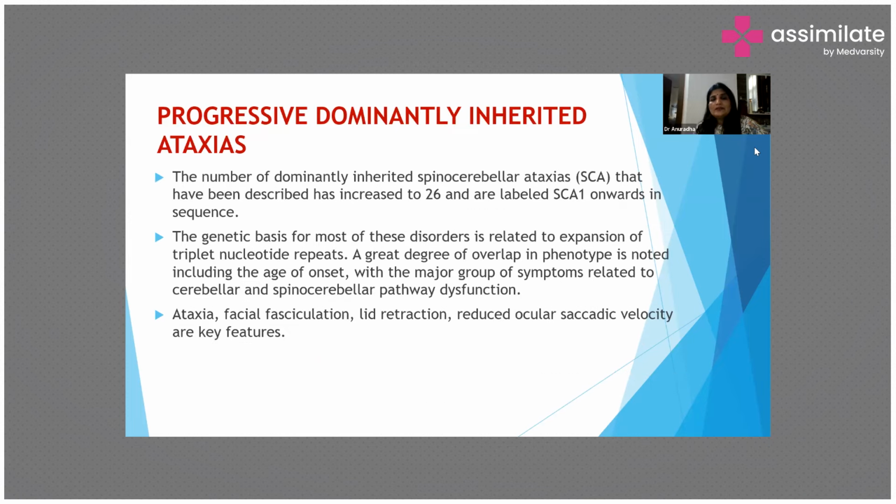Another is the progressive dominantly inherited ataxia. These are dominantly inherited spinocerebellar ataxias, described in various types. Mostly they present with ataxia, fasciculations, lid retraction, and reduced ocular saccadic velocity.